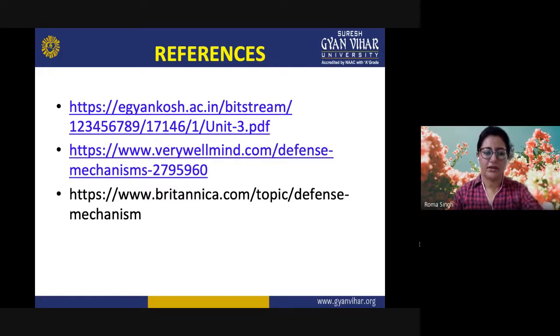Their purposes are to protect ourselves from different conditions of anxiety or social sanctions, or to provide a refuge from a situation which one cannot currently cope with. So this is how we try to adapt these defense mechanisms. Various people use different kinds of defense mechanisms, sometimes in a positive way, and sometimes in a negative way.